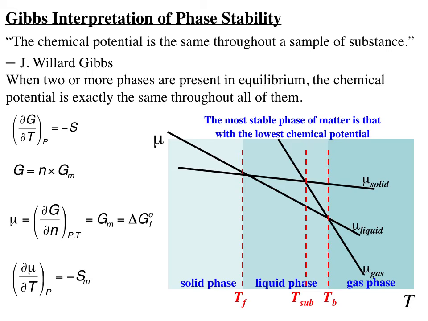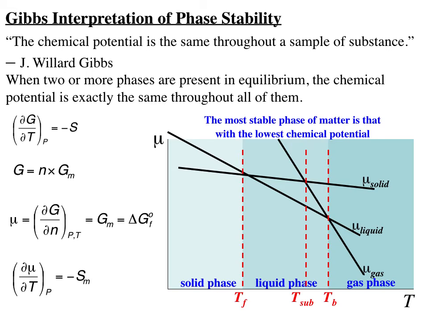Then I note from those plots that there are really points where all phases have the ability to exist at the same time, but I note that in each regime, one phase has a lower chemical potential value than all other phases. I also note that there are crossing points where the chemical potential of materials are exactly the same.